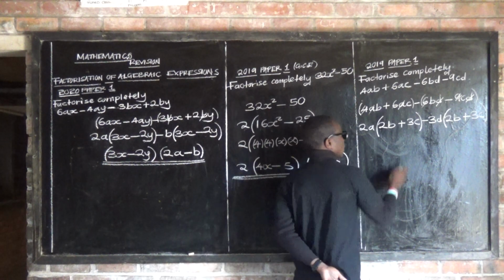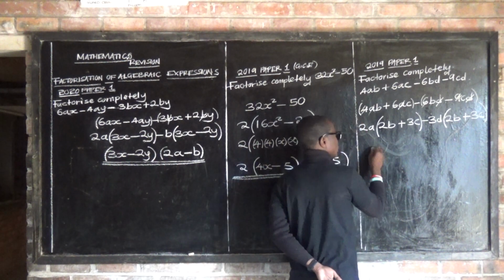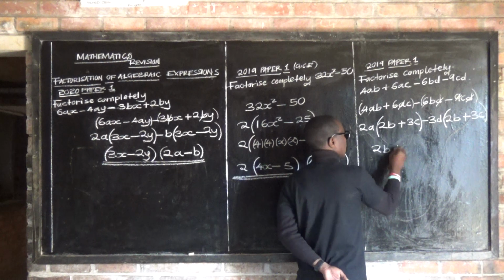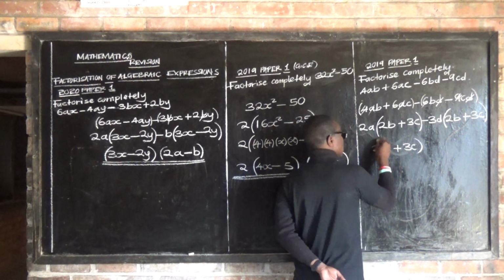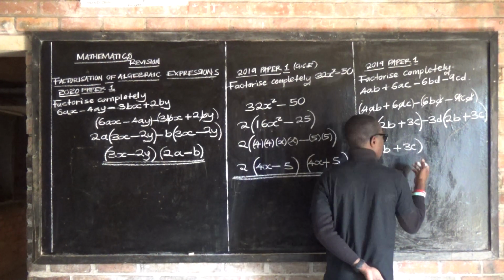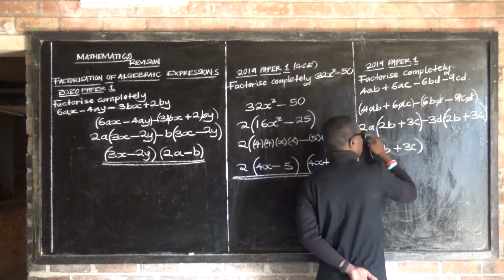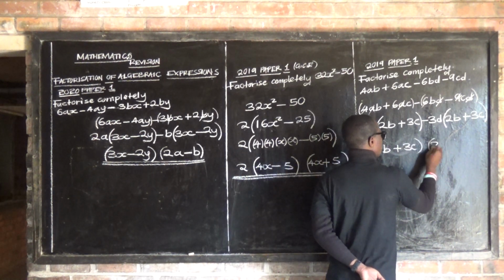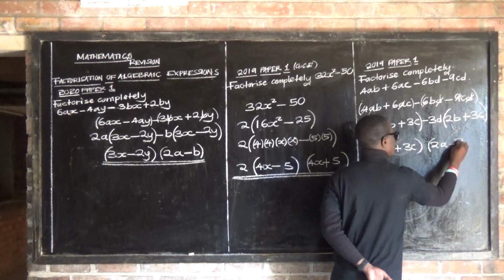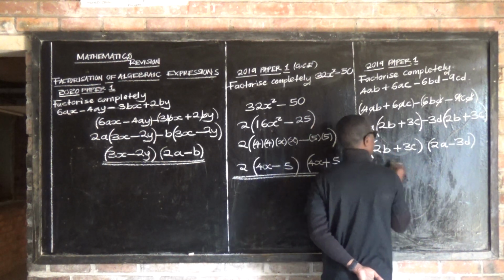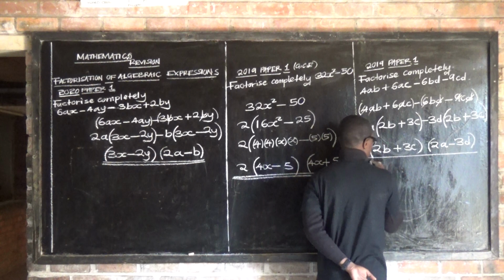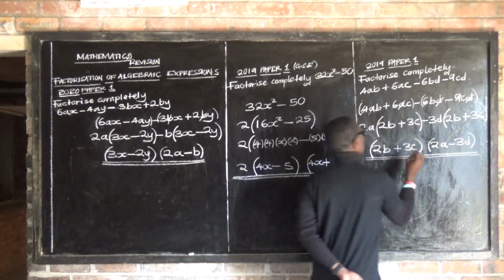So you can now say these are the same. So you can just get one and say 2b plus 3c. Then the other pair is going to be made of the common factors. So we're going to have 2a minus 3d. So this is our complete factorization.